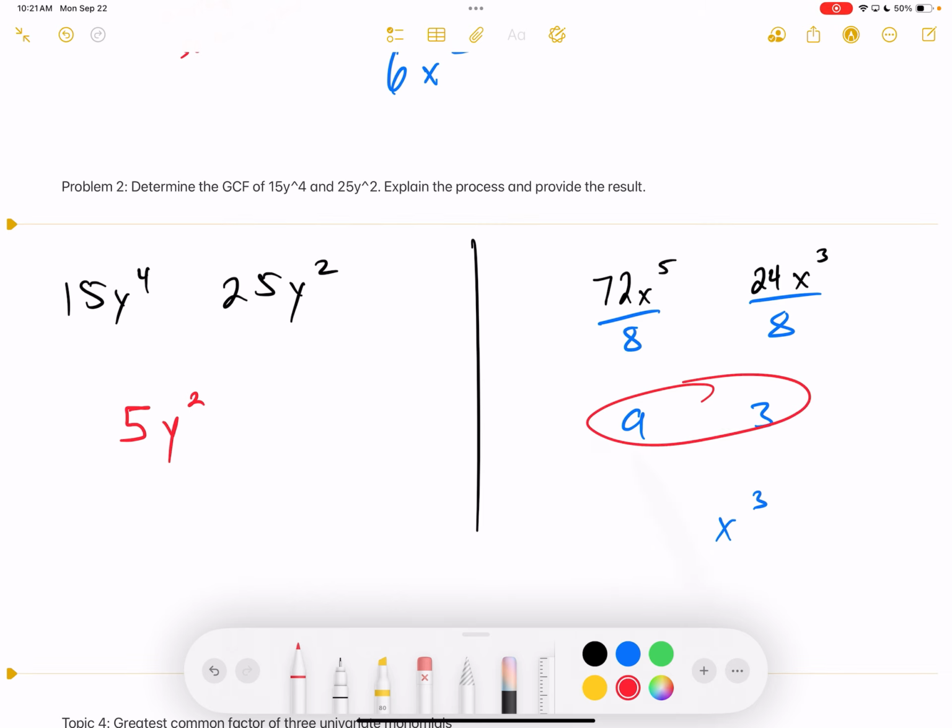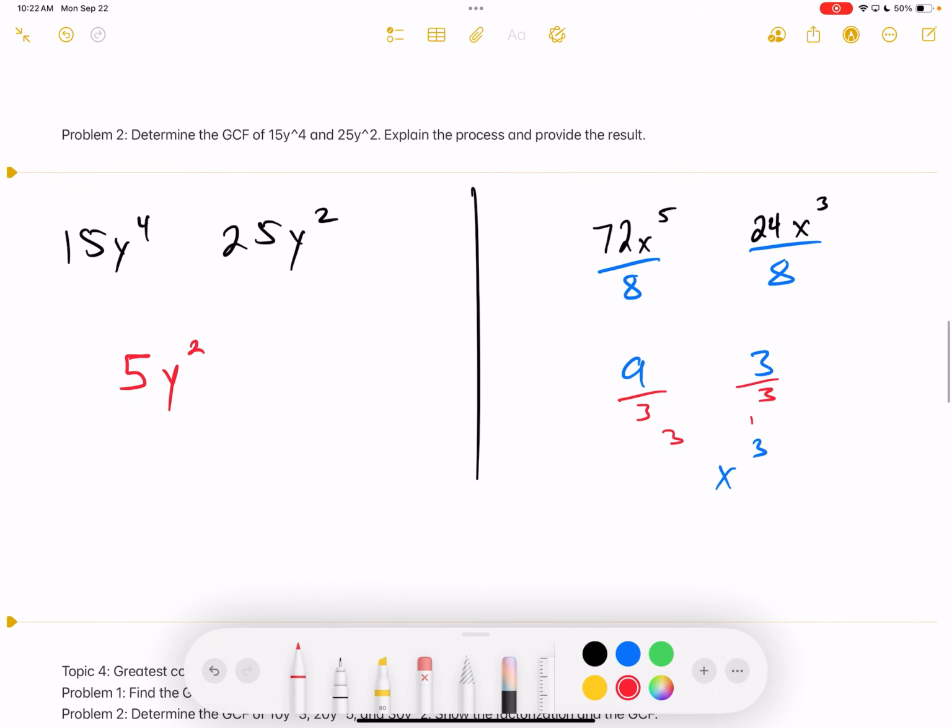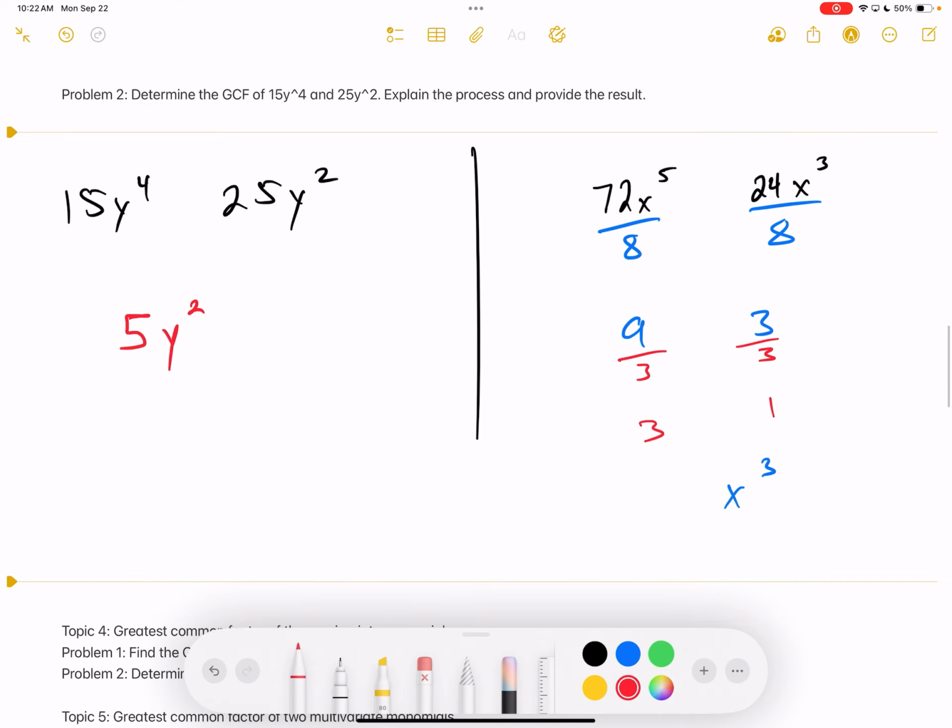I can take 3 out of there, right? And I'd get 3 and 1. Well, I can't take anything else out of 3 and 1 besides 1, and you don't do that. So what my answer actually is, the biggest number that I should have took out is 24.